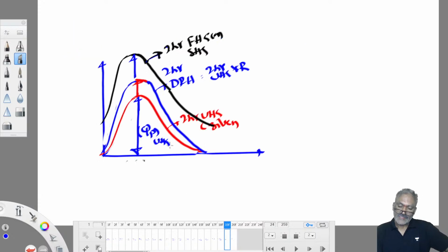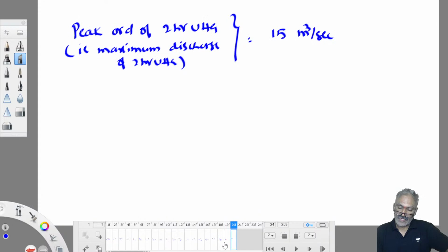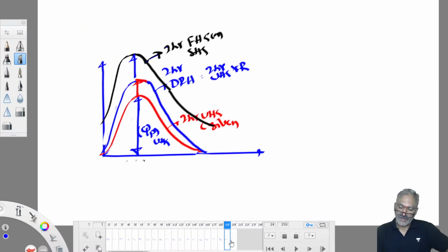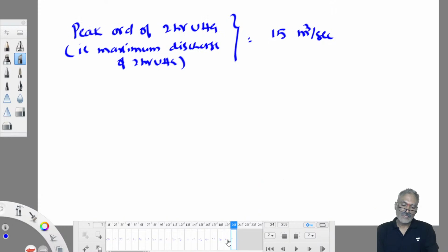This is the maximum among all values, and whichever is maximum, that is the peak ordinate. Where the peak of the 2-hour unit hydrograph is, there only the peak of the direct runoff hydrograph also occurs. What is the first question? Maximum discharge of the direct runoff hydrograph. For that, what is given? Phi index is also given to you.